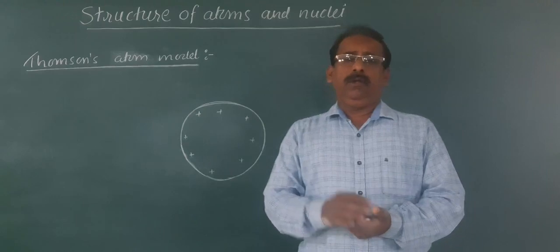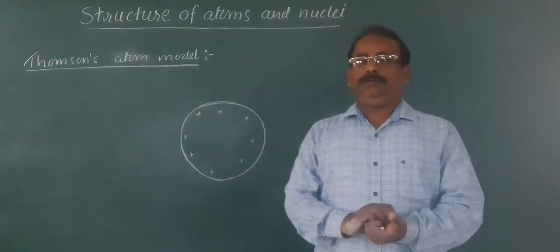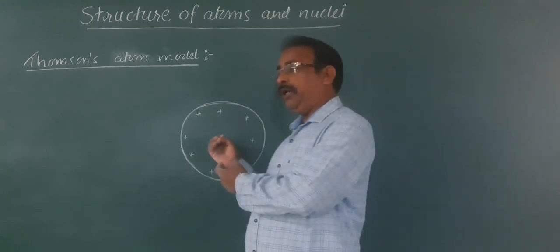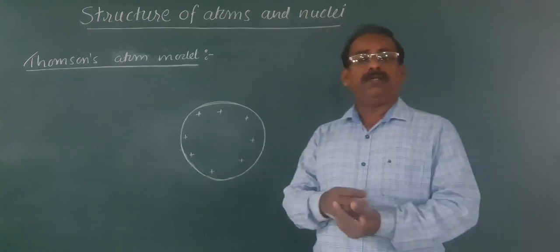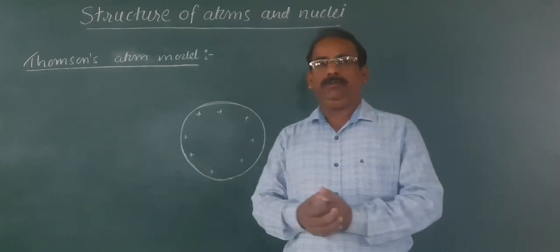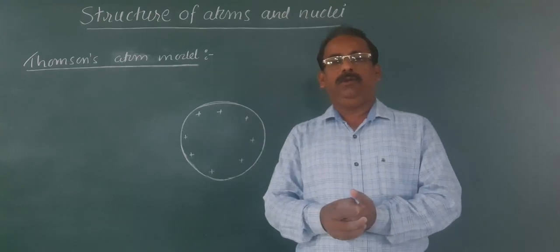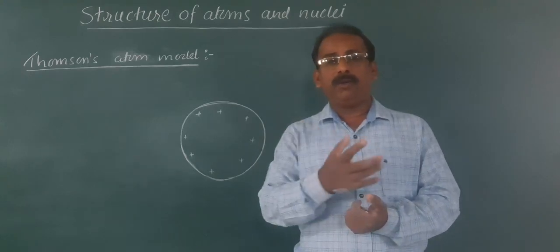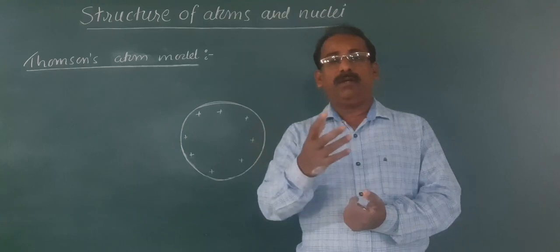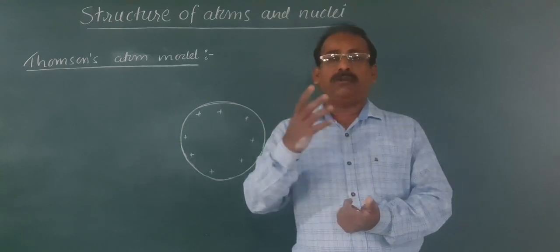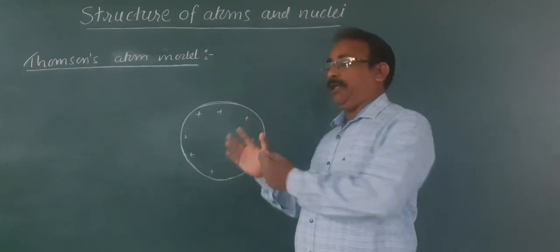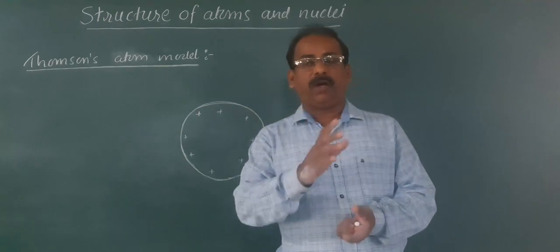However, according to Thomson, negatively charged electrons are present inside the sphere. They are very small in number. Though they are small in number, the charge on the electrons is exactly equal to the positive charge present on that sphere.